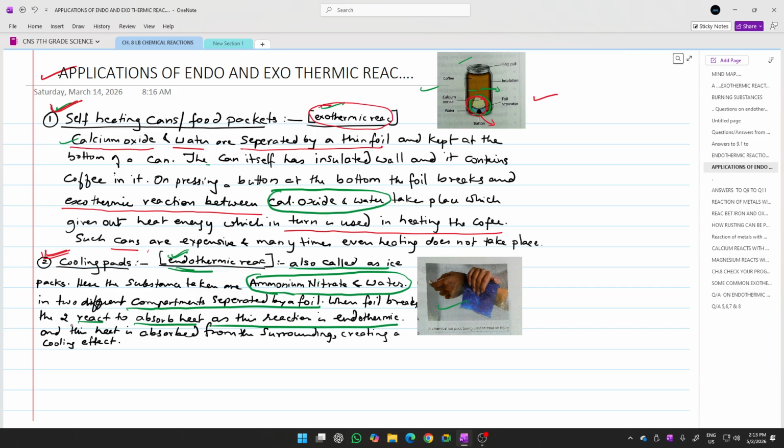When the foil breaks, the two reactants combine together and absorb heat, as the reaction is endothermic, and the heat is absorbed from the surrounding, creating a cooling effect. Now the surrounding is nothing but your part of the body which is having inflammation. Is that clear? So this was the application of exothermic and endothermic reaction.